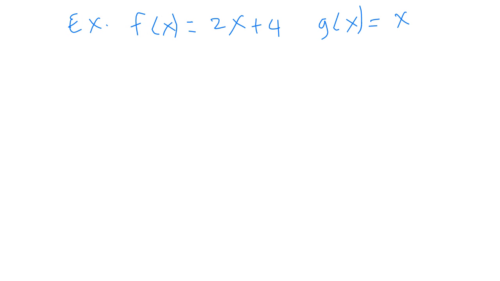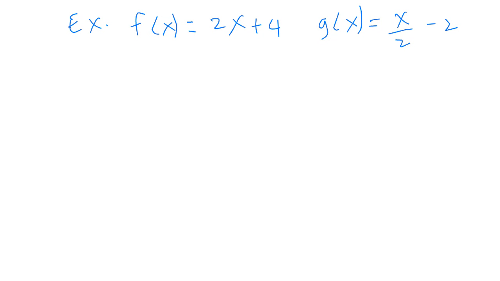So let's use the same two functions, f of x, 2x plus 4, and g of x equals x over 2 minus 2. Okay, so we know that we proved this a while ago, and these two functions are inverses.